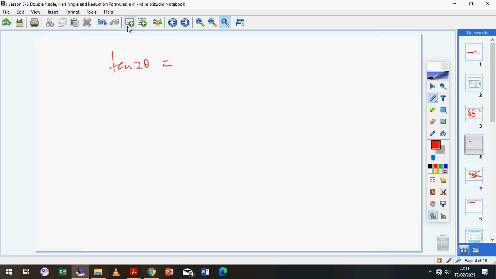going back to what it was. Remember, tangent of x plus y was tan of x plus tan of y divided by 1 minus tan x tan y. This is from the sum formula for tan. Now if y is equal to x, then this whole thing will be tangent of 2x is equal to tan of x.